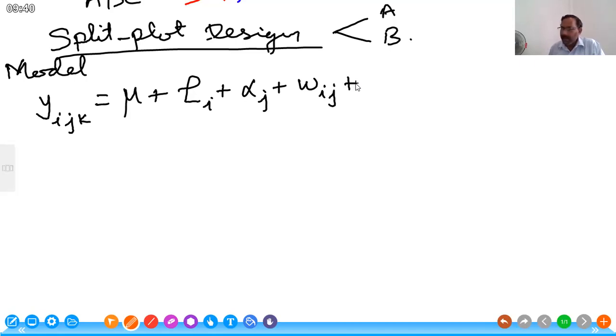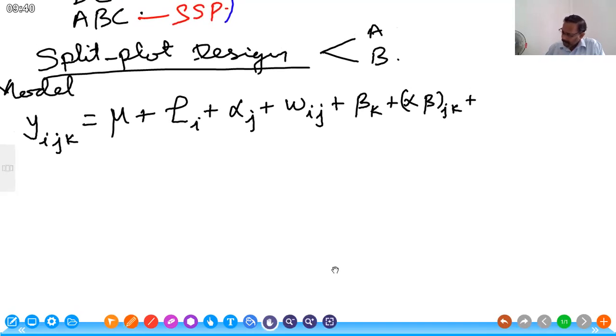I will explain all this. Then we have beta k plus alpha beta jk plus the error term e ijk. So this many components are coming into the picture. We can explain all these components.